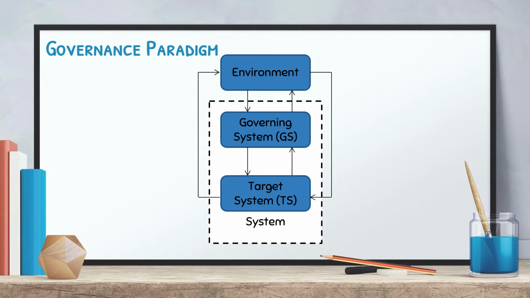In order for the student to get the supervisor, we have the environment of lecturers, a lot of lecturers. But what is the governing system in that situation? The governing system would be that the supervisor the student wants to choose must relate to the student's project area. So that's the idea of the governance paradigm. You can find more explanation in the reference note.